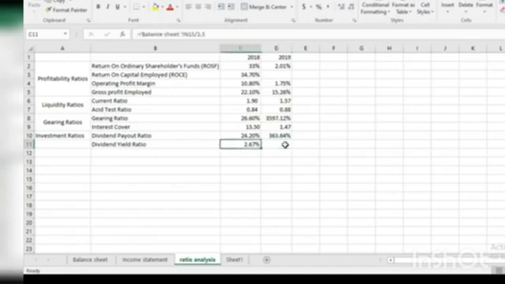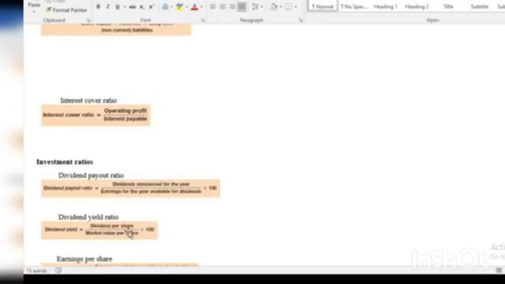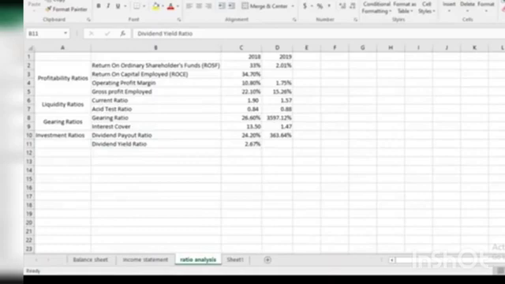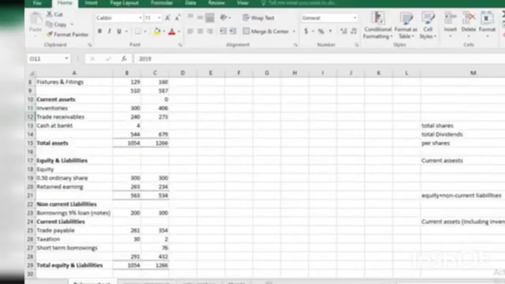So we will find the dividend yield ratio. For finding the dividend yield ratio, we have to look into the formula. The formula of dividend yield ratio is dividend per share divided by market value per share. So first we find the dividend per share. We will go into the balance sheet, into 2019. We have to see the ordinary share, which is 0.50.